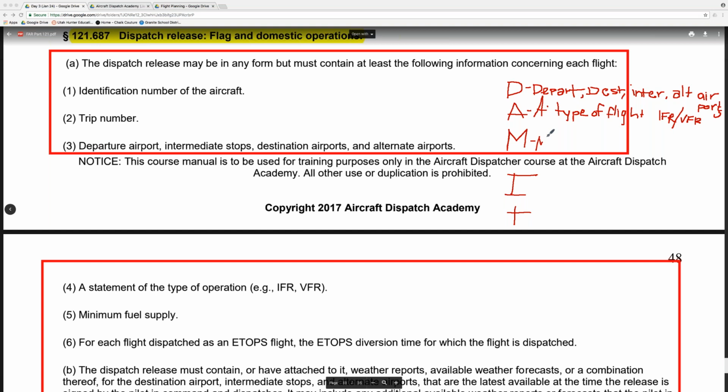M stands for our minimum fuel supply. Also known as Minto.